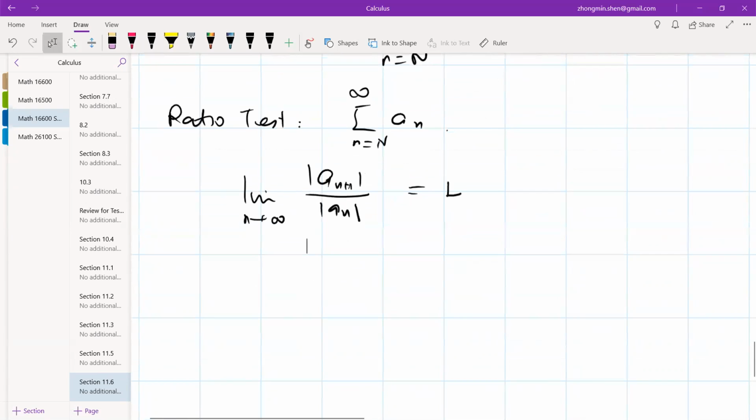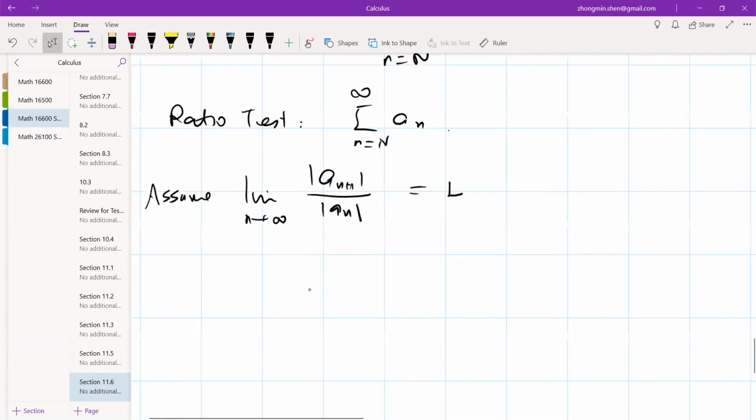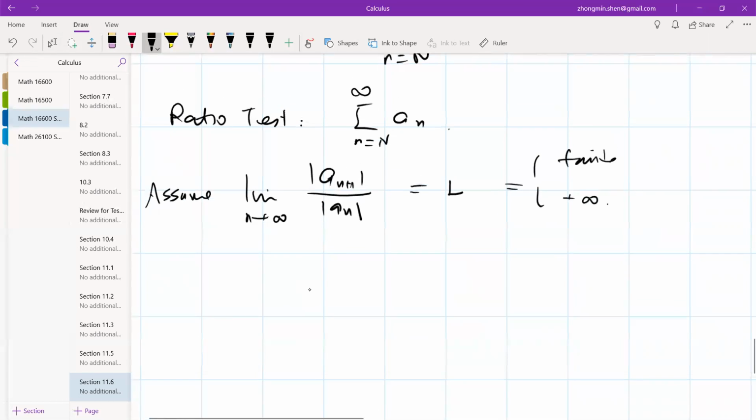If it does not exist, I cannot use it. It's a finite limit, and the two cases could be finite or positive infinite. I assume that it's positive.